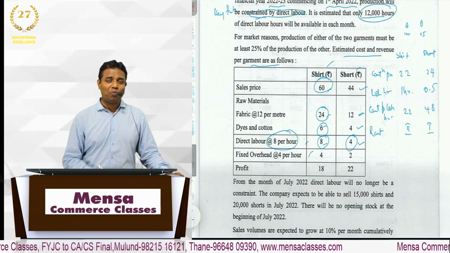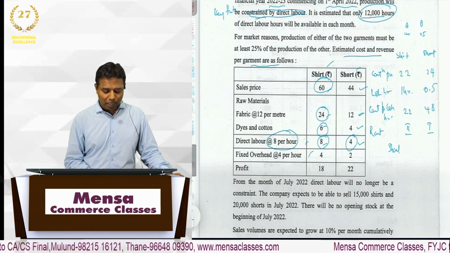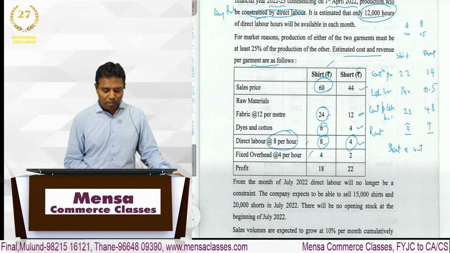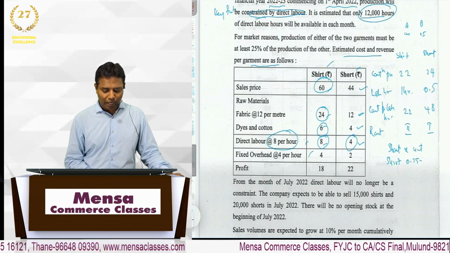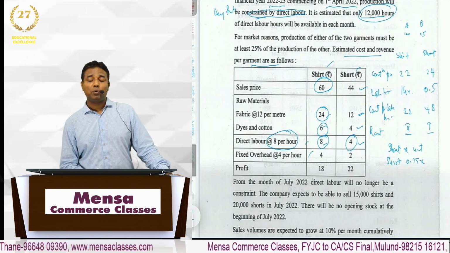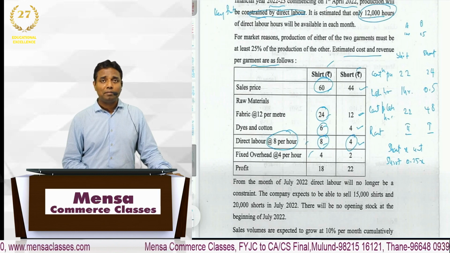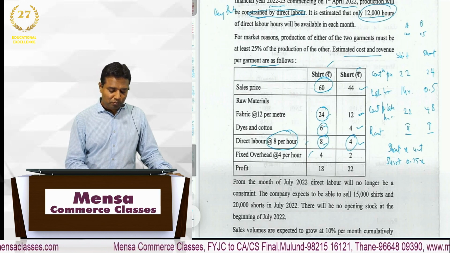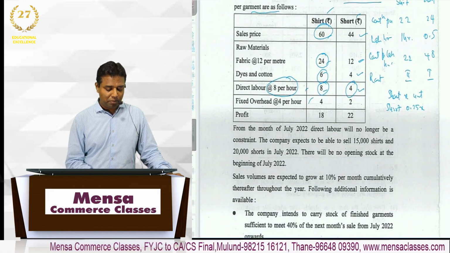Okay. Now obviously this is a better product. So if I am going to make X units of short, then for shirt I need to make 0.25x minimum. Well, 25% we have to make, there is no choice. Correct. So how do I do it? For shorts, X units, how many labor hours? 1 hour.